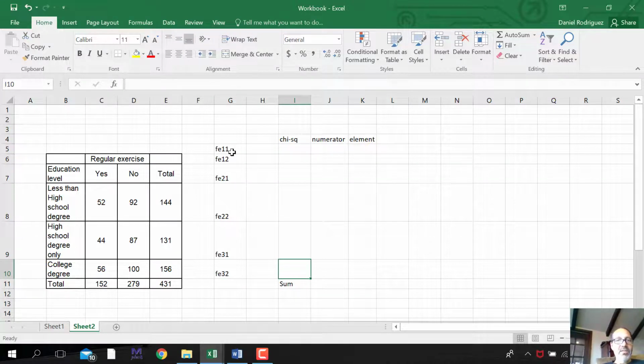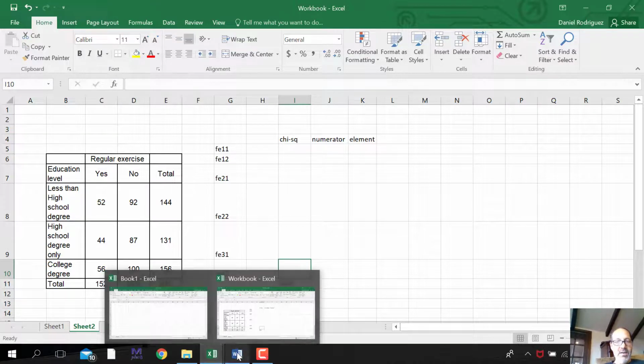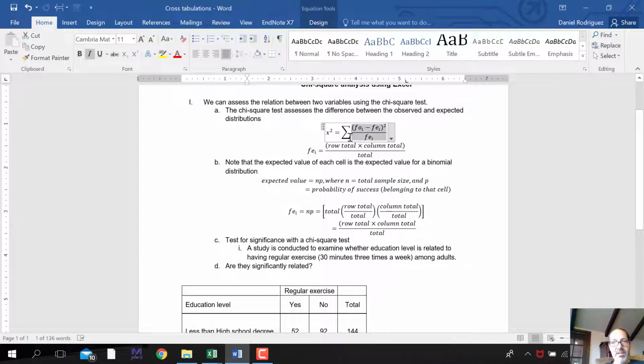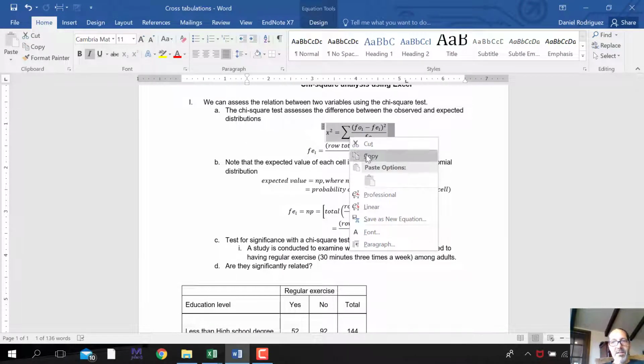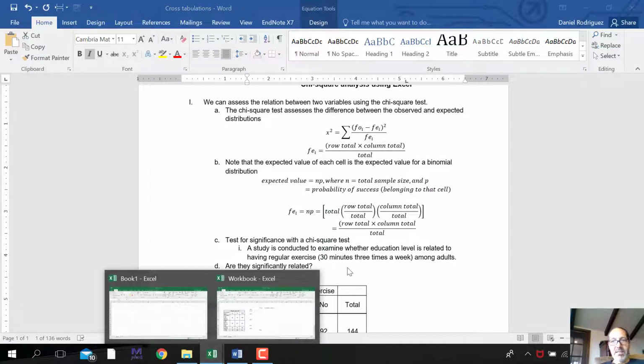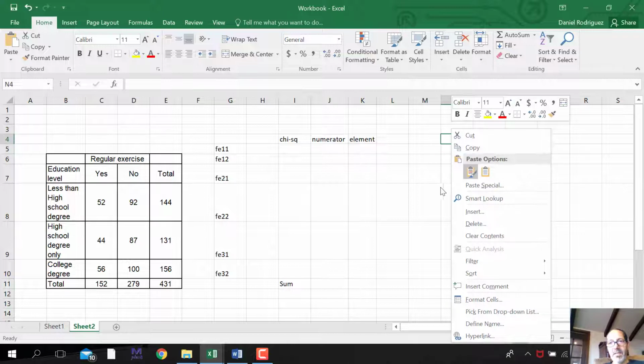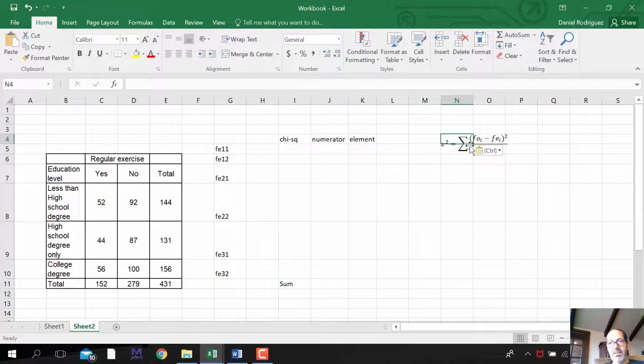So we have the equation. I'm going to copy that equation and paste it in Excel. As long as you can see it, that's what counts.